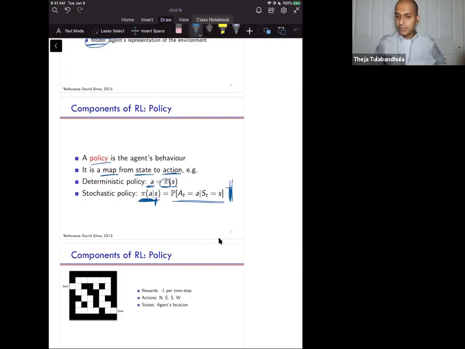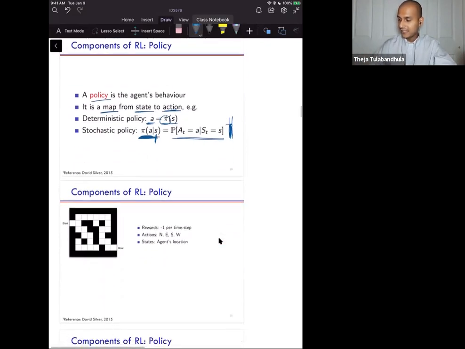So for example, if you're playing rock paper scissors, and your policy is exactly, there's no state here, but if your policy is exactly, play something deterministically, then you'll not win. Right. Anyway, there's a bit of stretch between what I'm saying here and a rock paper scissors game, but all I'm saying is sometimes the optimal things to do could be a little bit randomized.